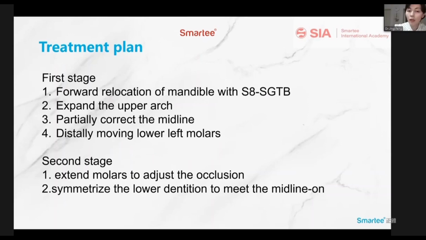And distally moving the lower left molars to give space to retract the lower incisors. Second stage, extend molar to adjust the occlusion and symmetrize the lower dentition to meet the midline.